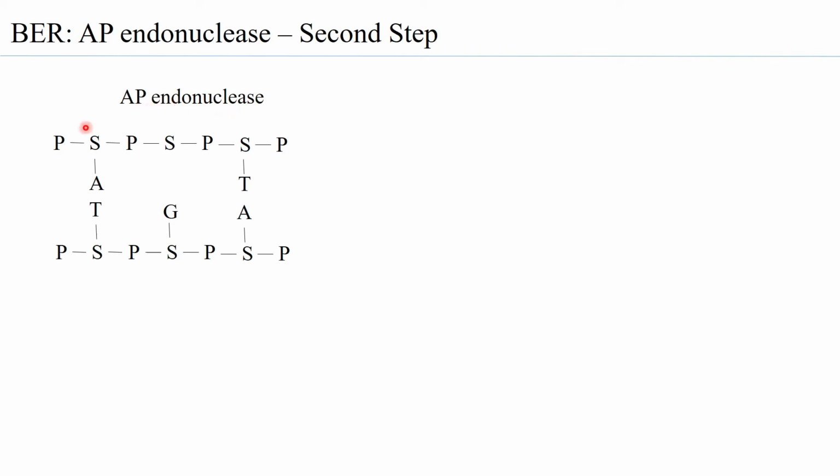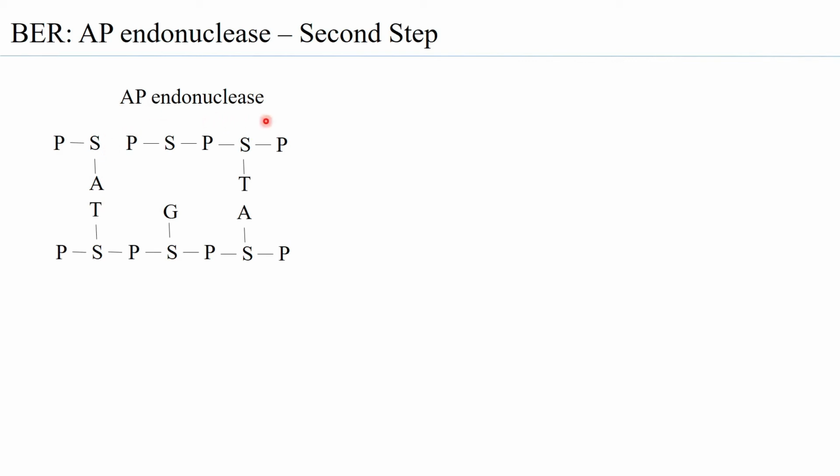So it can identify apyrimidinic or apurinic sites, and once it identifies such sites, it cleaves the 5' end of the phosphate sugar moiety of that nucleotide which has been removed. Correct? That means at the 5' side of the AP site. Basically, that is the thing. So you would eventually have this bond being removed by the AP endonuclease.